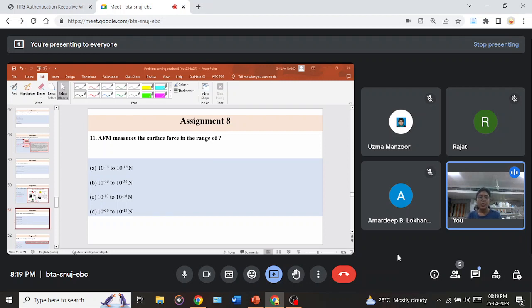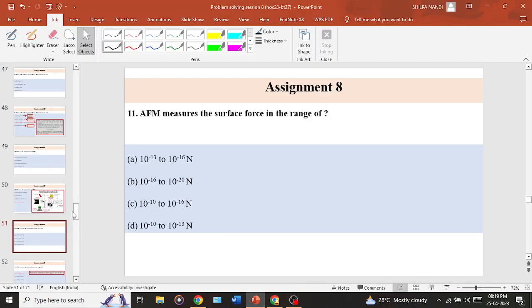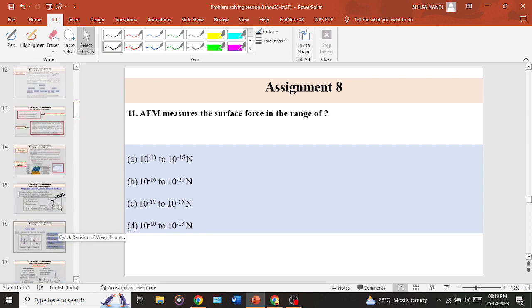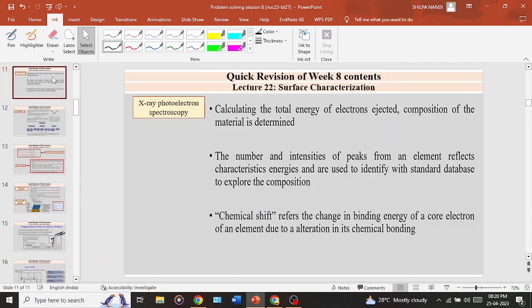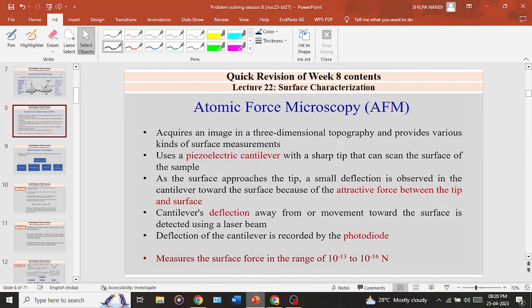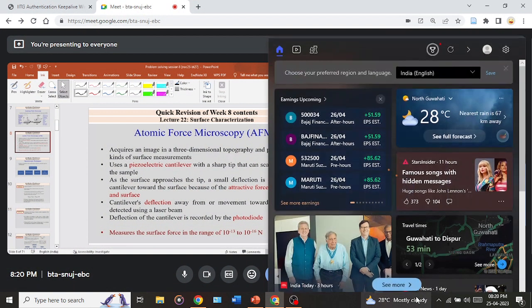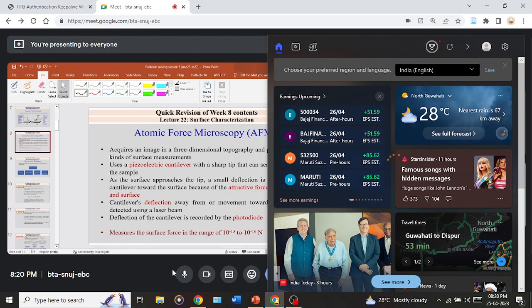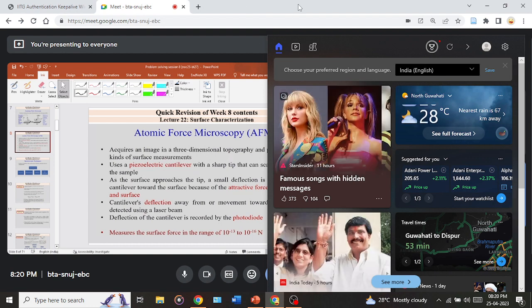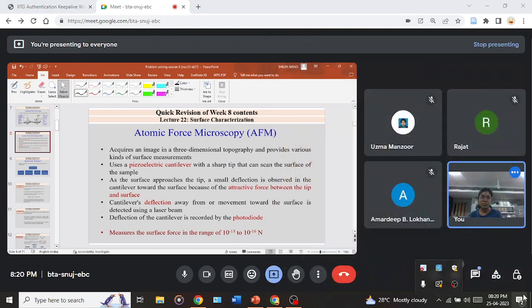While going through the lectures, if you go back to what AFM was, you can see that it measures the surface force in the range of 10 to the power minus 13 to 10 to the power minus 16 Newton.